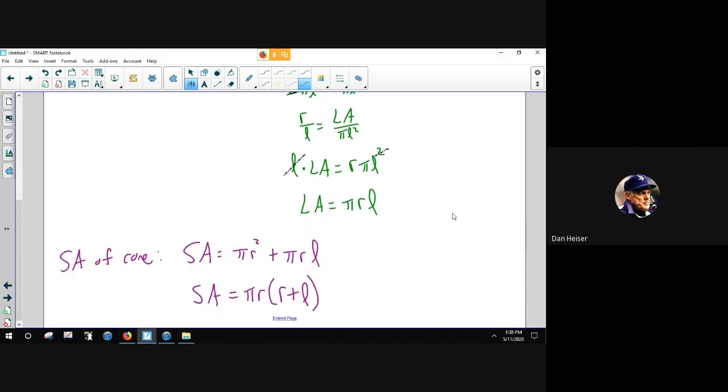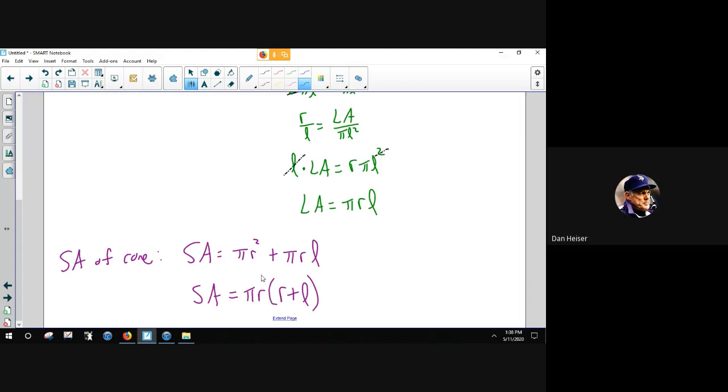So, putting this all together, surface area of a cone. Here's the base area, the circle that the cone sits on, pi r squared, and then we have pi r L, lateral area. Just like with a cylinder, we had an alternative formula.